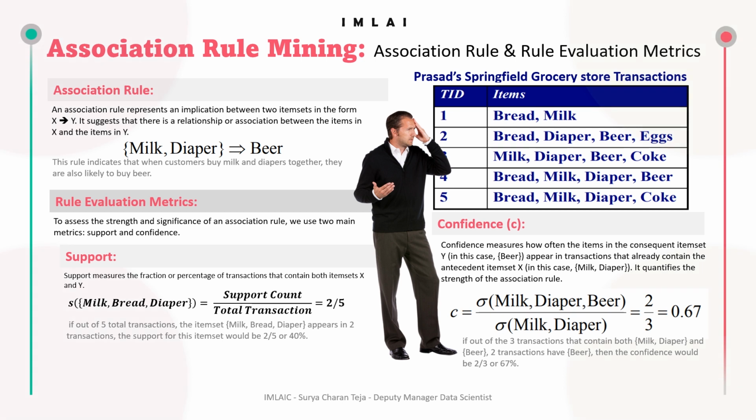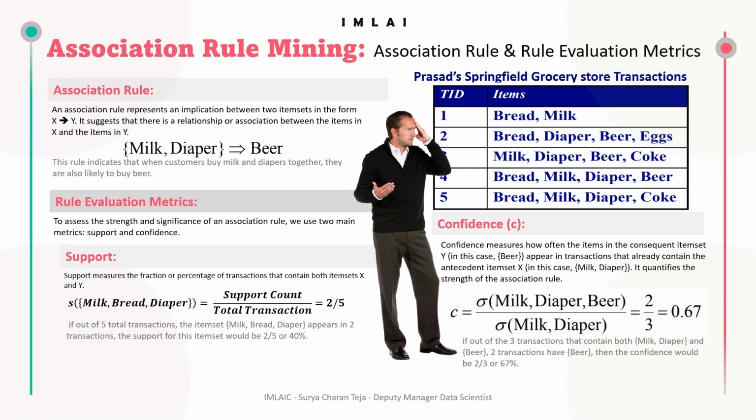He discovered rules like milk, diaper tends to beer, which suggests that customers who buy milk and diapers are likely to buy beer as well.